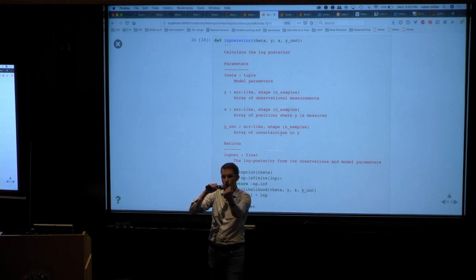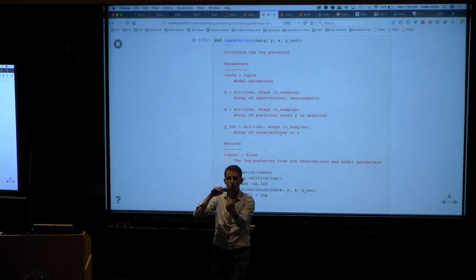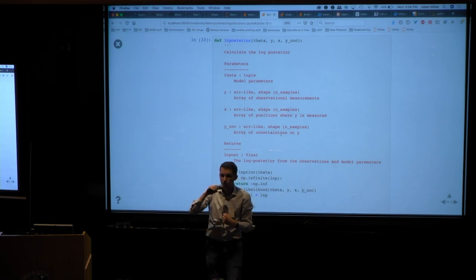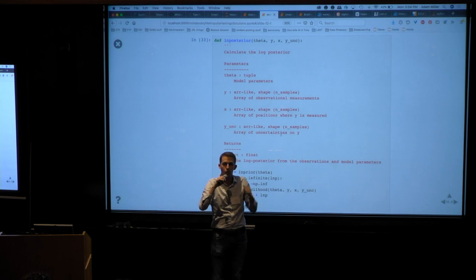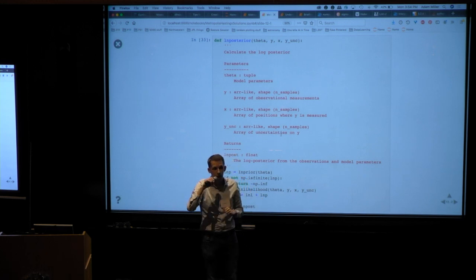If that ratio is higher than your random number, then you take this step in the direction of lower probability. So on average, you will only move in the direction of higher probability, but it is possible to move in the direction of lower probability.